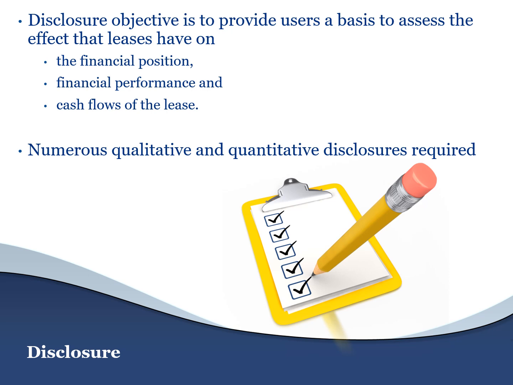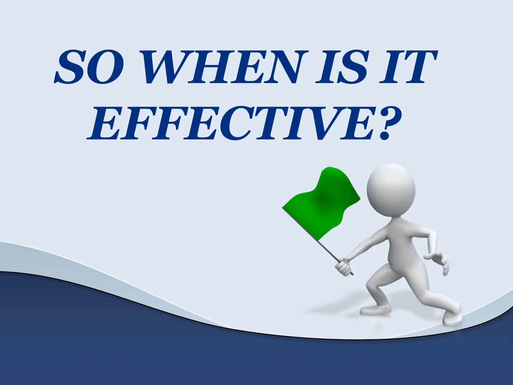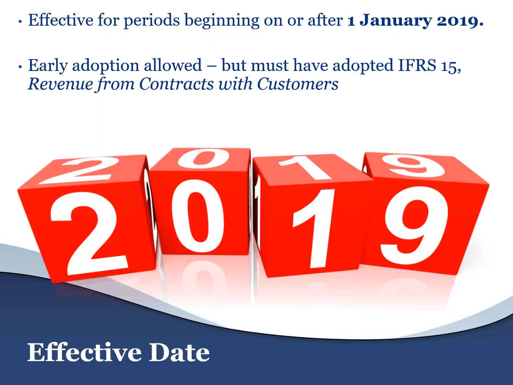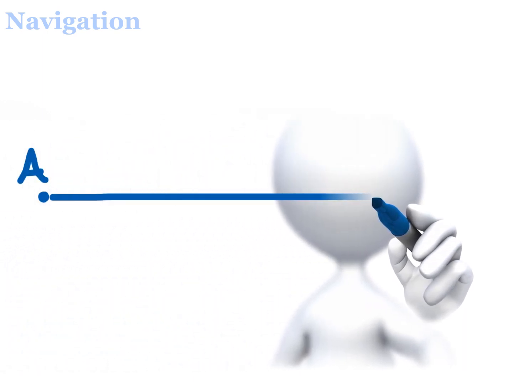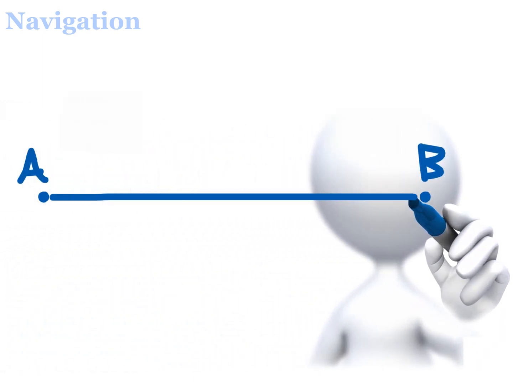So I think, definitely since the IAS 17 wasn't that onerous, I think you're going to see a lot more disclosure, especially a lot more on the talking about how leases have impacted you under the standard. So when is it effective? 1 January 2019. So that, ladies and gentlemen, is a summary of IFRS 16.